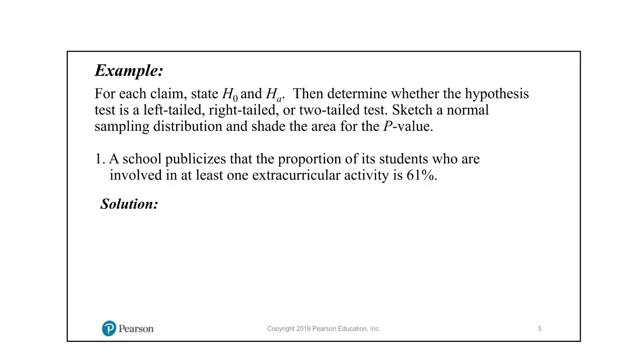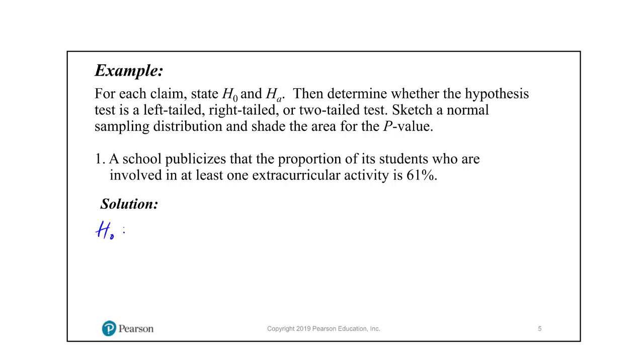here we're going to state the null hypothesis and the alternative hypothesis. We can identify the claim, then say whether it's left-tailed, right-tailed, or two-tailed, and shade the area for the p-value. These are the examples we looked at before, so I'm going to go through the hypotheses a little quickly. This one before was the proportion equal to 61%.